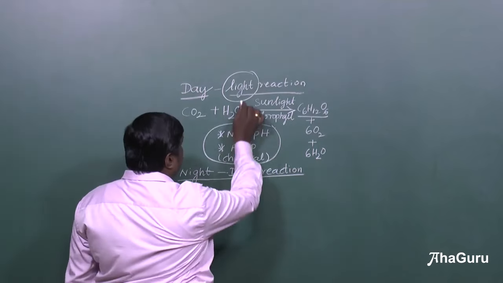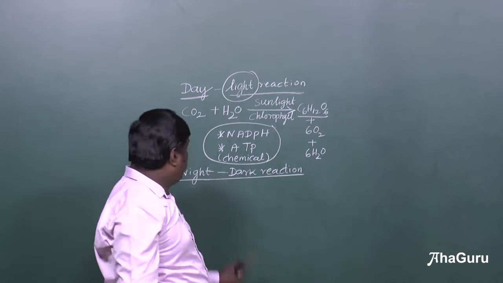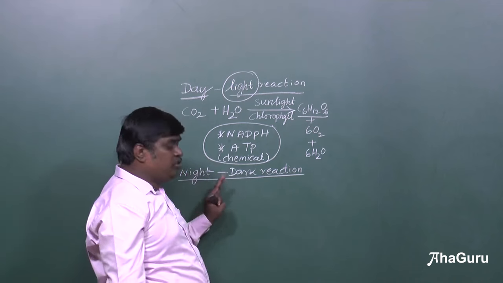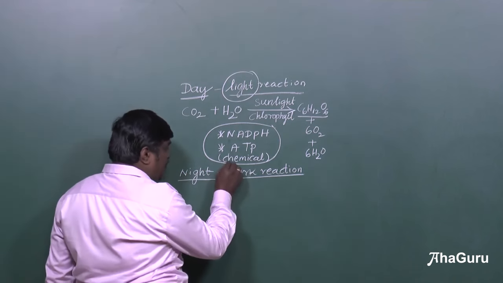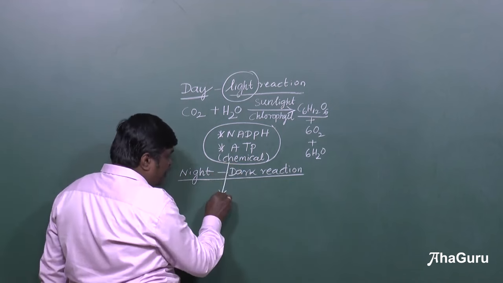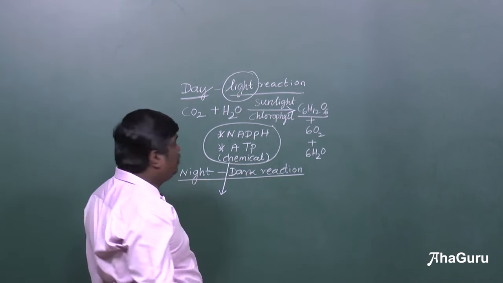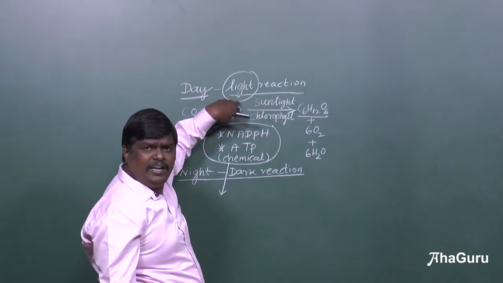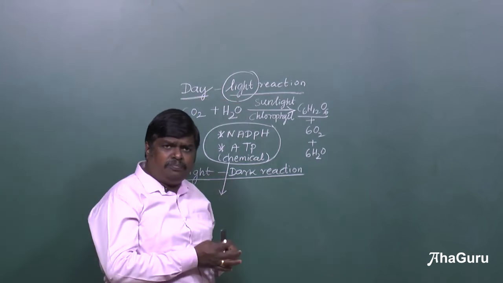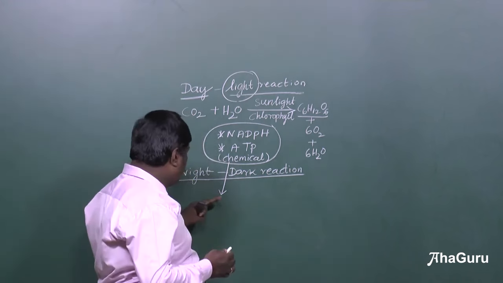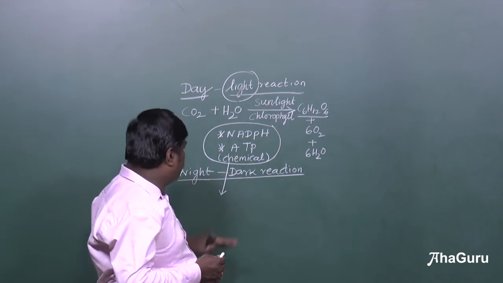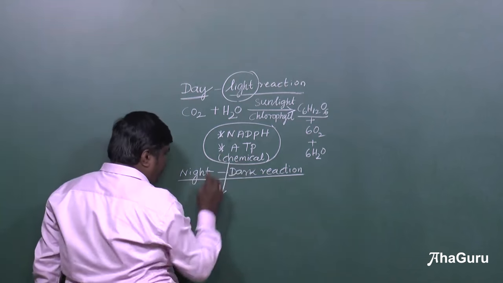The source of energy is light. But during the night time, the source of energy is the chemical energy produced from the light reaction. So what is the purpose of light here? The purpose of light is to give energy. Here also energy is there, but it is available in the form of chemical energy.